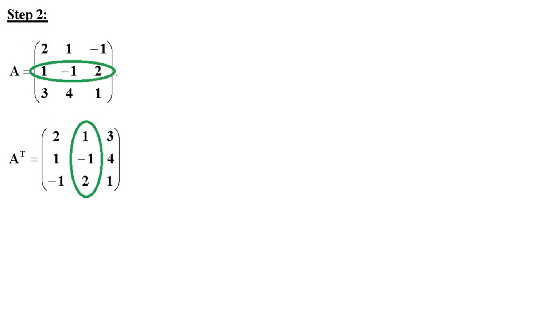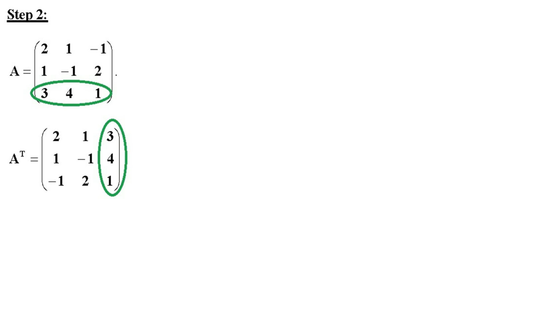Second row, 1, minus 1, 2, that will be the second column, 1, minus 1, 2. And finally, the third row, 3, 4, 1 of your matrix A will become the third column, 3, 4, 1 of your transpose matrix.